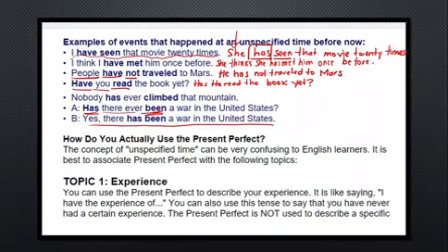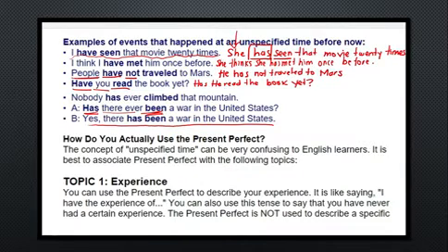So, how do you actually use the present perfect? The concept of unspecified time can be very confusing to English learners. It is best to associate present perfect with the following topics. Topic 1. Experience. You can use the present perfect to describe your experience. It is like saying, I have the experience of.